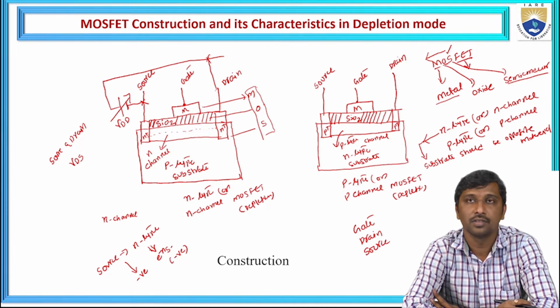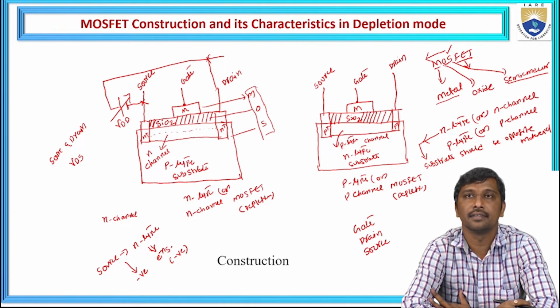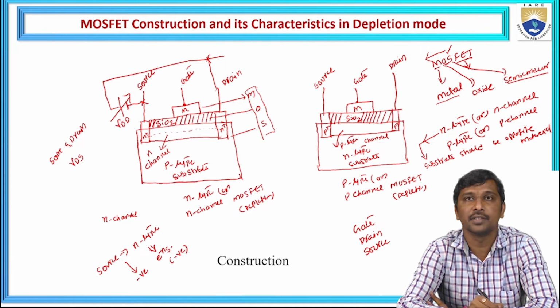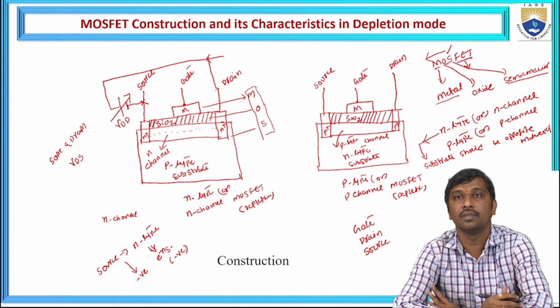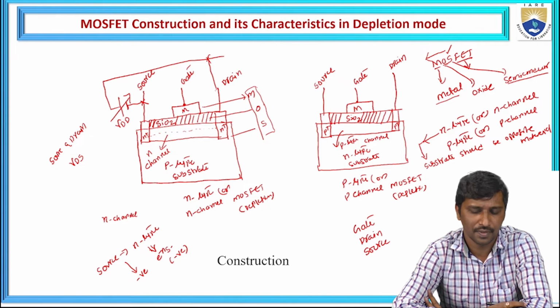Now we need to control the flow of conduction. Here there is no control. If you increase the biasing voltage between the source and the drain, the maximum flow of current takes place across the field effect transistor.